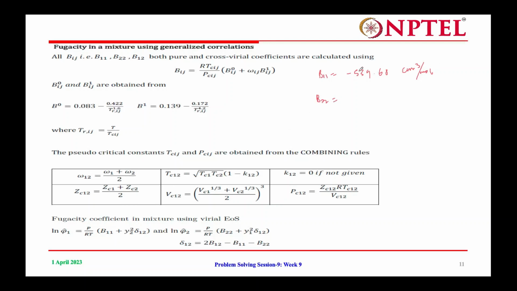B22 is equal to minus 944.57 centimeter cube per mole, right? And B12 is minus 464.84, minus 944.57 centimeter cube per mole.